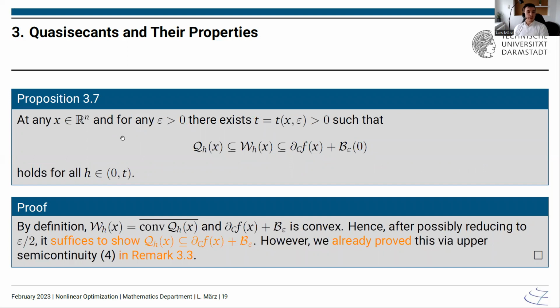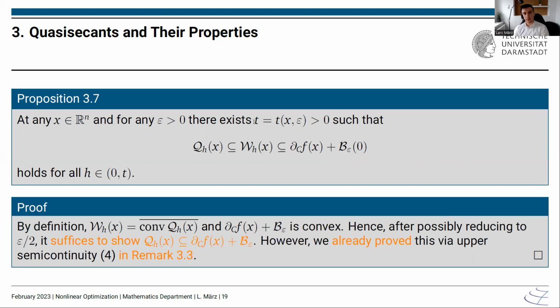Now we will have to prove a sequence of propositions to in the end prove the convergence properties we are striving for. So take some point x and some positive epsilon.